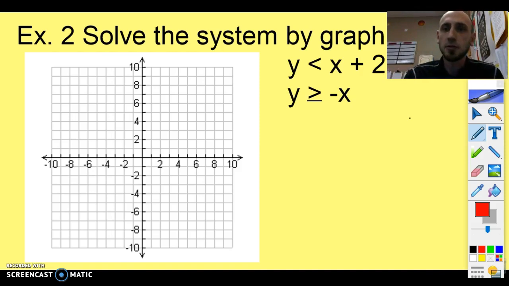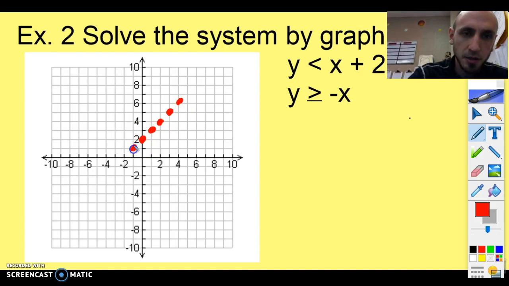So graph the system y is less than x plus 2, y is greater than or equal to negative x. So basically, if you understood 6-5, you're graphing together, but we're going to have some purpling going on, okay? So I'll start with red. Y is less than x plus 2. So I'm going to put a dot at 2, rise 1, run 1, and I'll just do that.